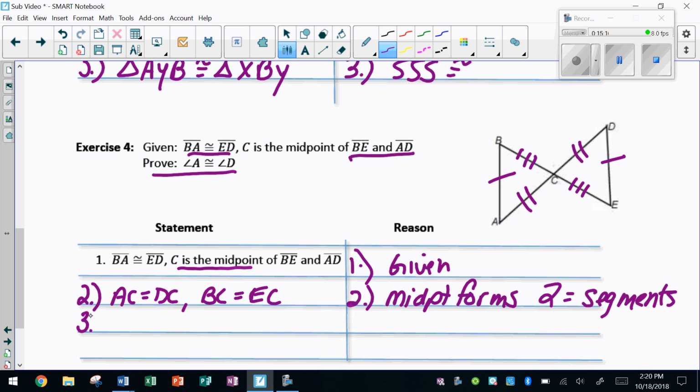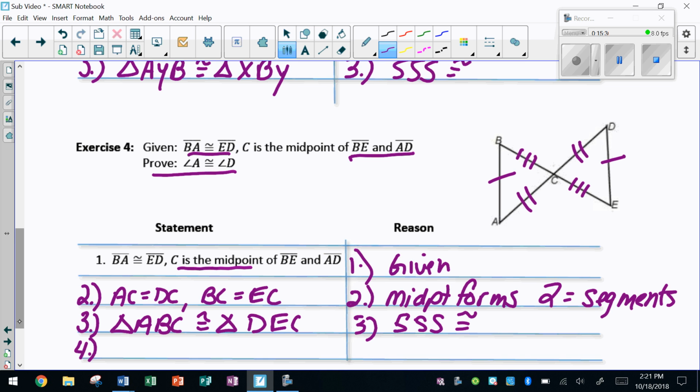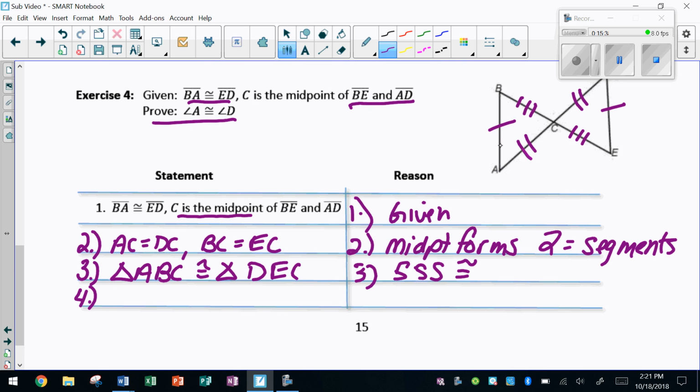So step 3, triangle ABC is congruent to triangle DEC. And the reason is because of the side, side, side congruency criteria. And the fourth and final step is, again, remember that once you have congruent triangles, then all corresponding parts of those congruent triangles are congruent.